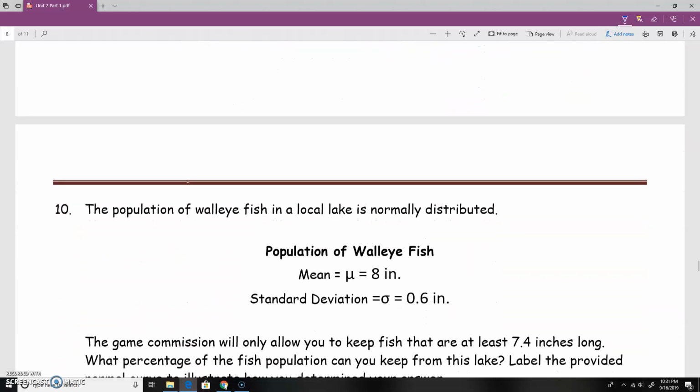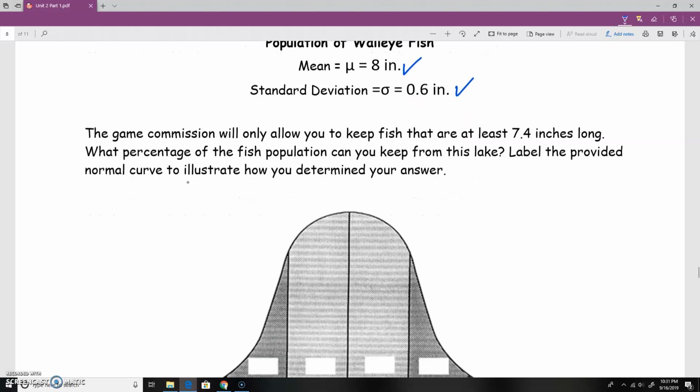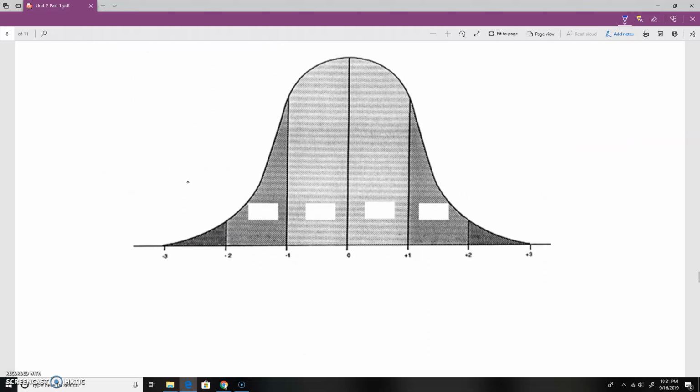Let's look at another example. Alright. So I've got the walleye fish, normally distributed. The mean is 8 inches for these fish, and a standard deviation of 0.6. Okay? So let's label our graph first. We've got a mean of 8 inches, standard deviation of 0.6.